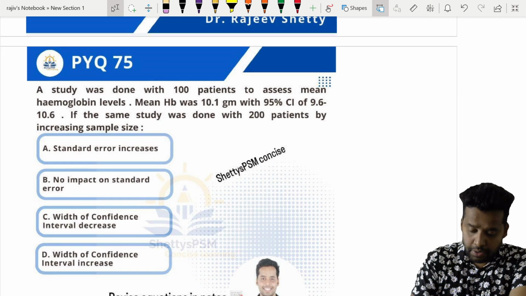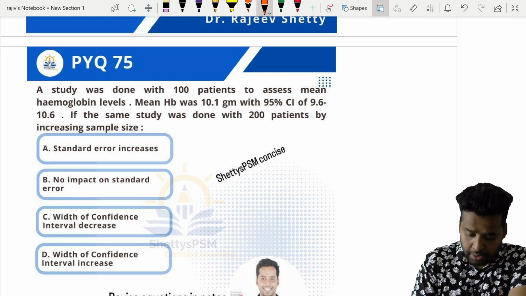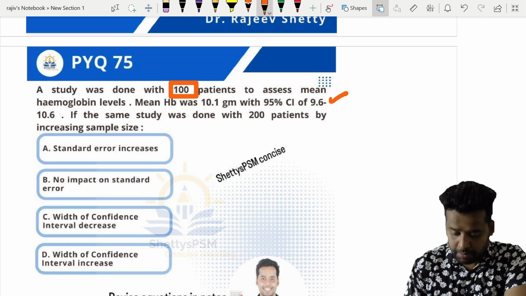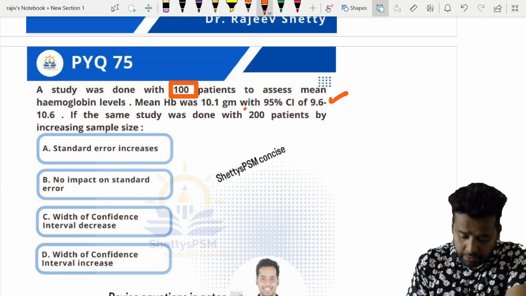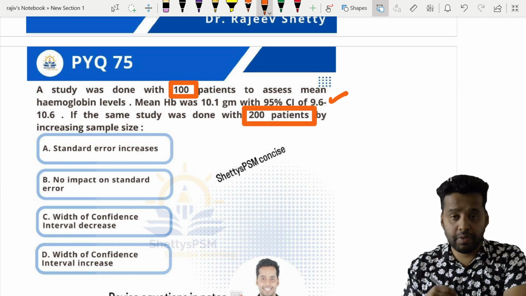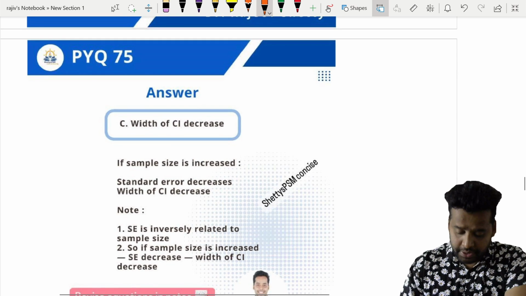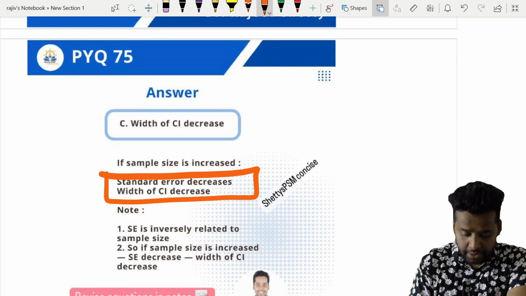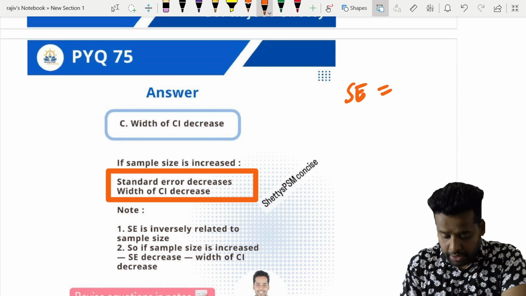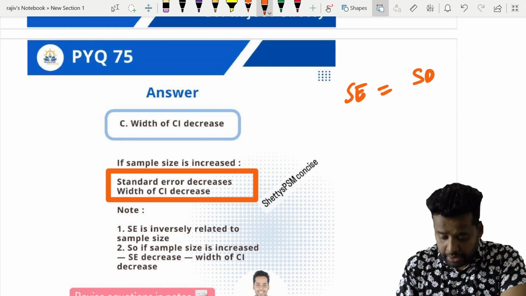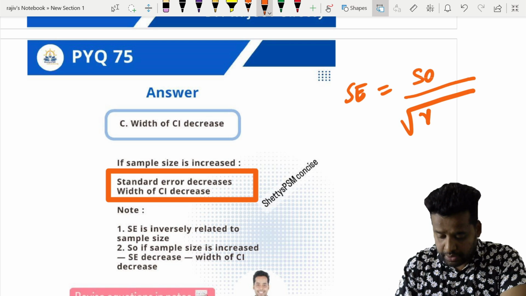A study was done with 100 patients initially and you got a confidence interval of this much. But what the question was, if you are increasing the sample size, what will happen? Always keep this in mind. If the sample size is increased, standard error will decrease. Standard error formula, for mean, is standard deviation by root sample size.